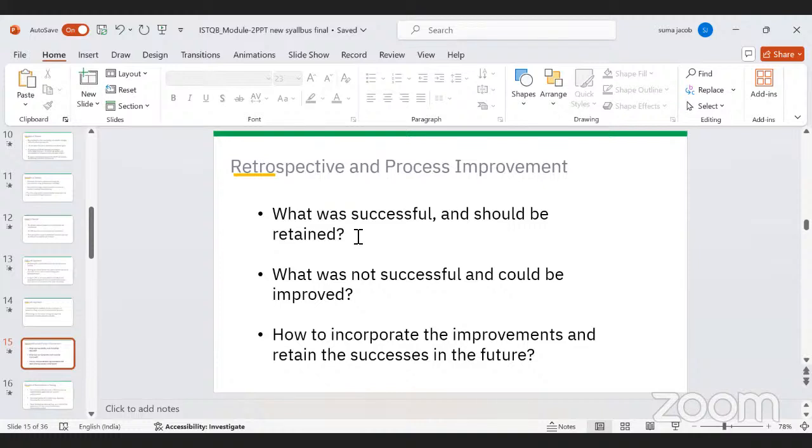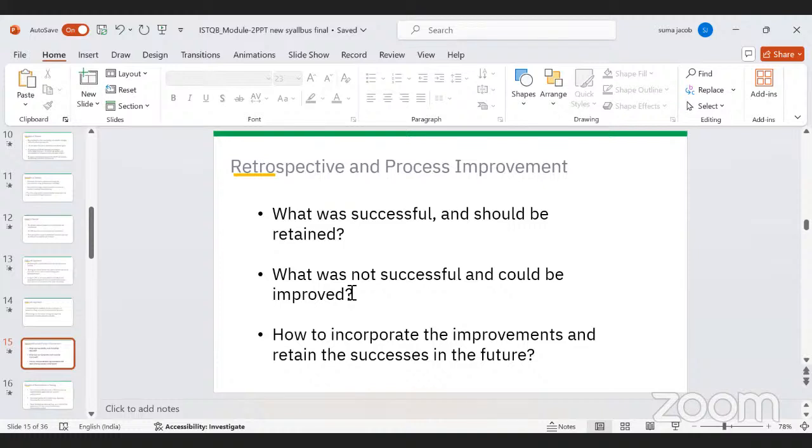The next one is what was not successful and could be improved. So we will not be discussing just the success factors. We will also try to identify the areas where processes or practices fell short of expectations, and discuss how we can improve that particular area.